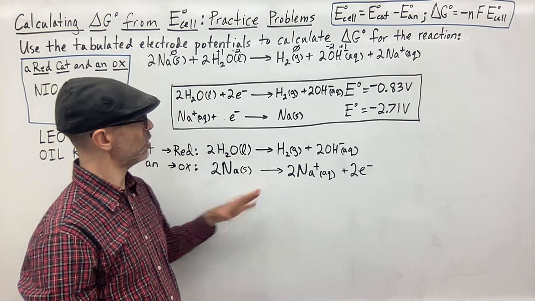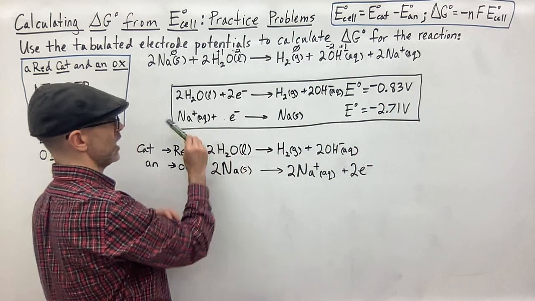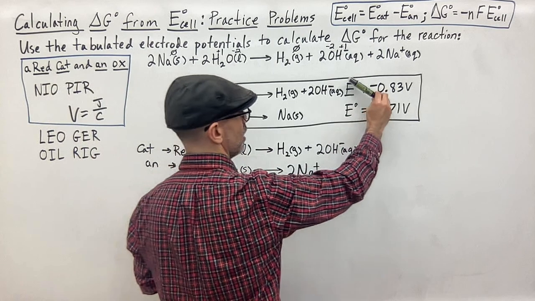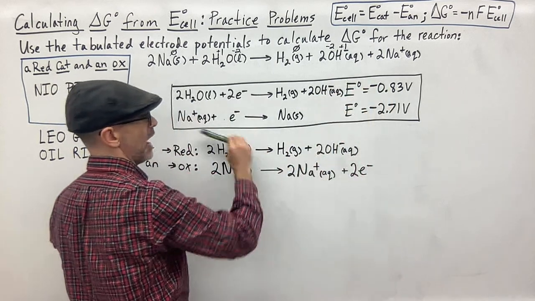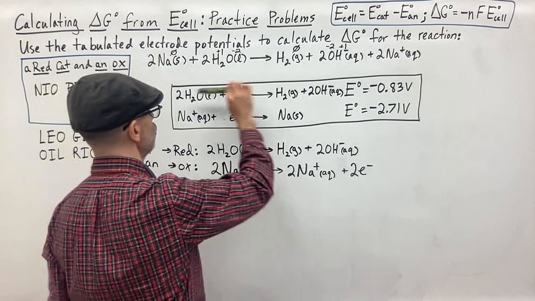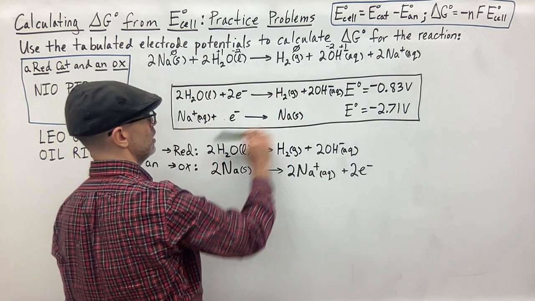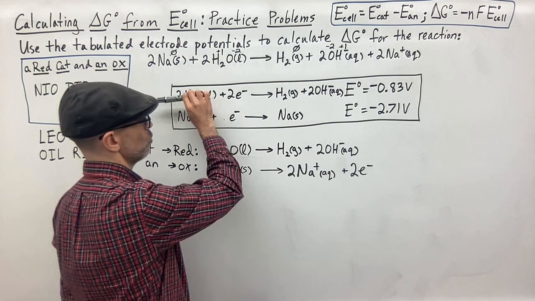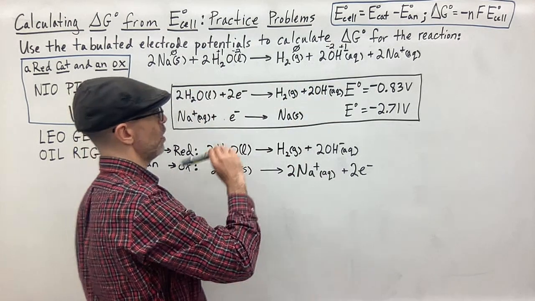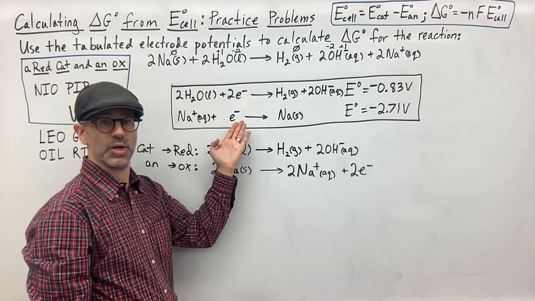Okay, so now here I have my table. This is my small table of half reactions, and I pulled out the 2 that I'm interested in. And so you'll see that water is higher on the table than sodium. So you would expect water to have a stronger tendency towards reduction compared to sodium.